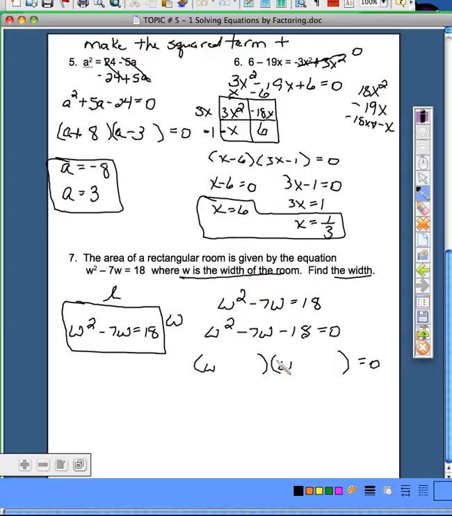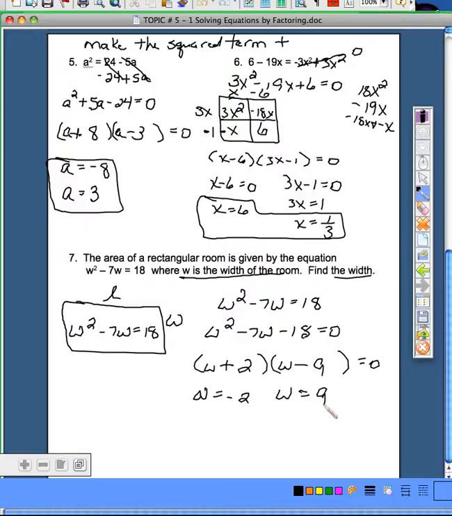It's just stated as a word problem. We have a plus factor and a minus factor. And factors that multiply to be negative 18 and add to be negative 7 will be 2 times negative 9. And so when I solve this, w will be negative 2 or 9.